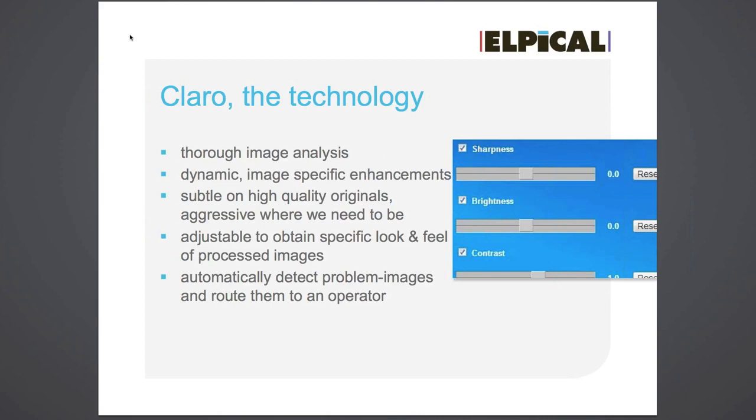However, performance optimization, and therefore increasing the number of images that can be treated by a limited number of people, is also one of the additional goals in addition to the actual quality improvement that happens by processing the images through Claro.